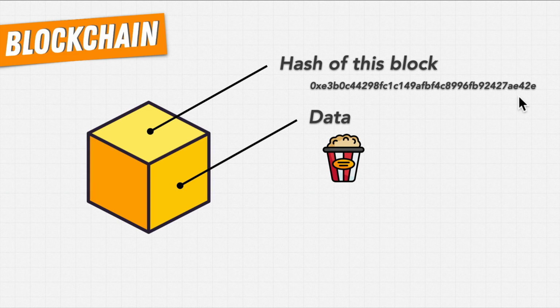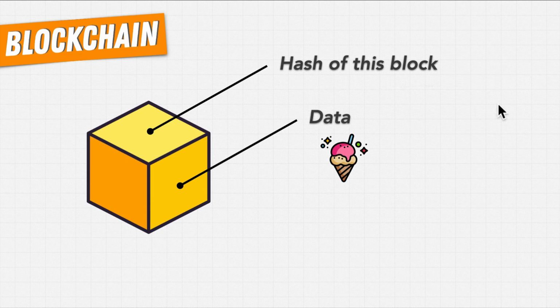Just like a person's fingerprint is unique only to them, a hash is unique for every possible block. If we change the data to, say, ice cream, the hash of our block will change as well. Because of this feature, hashes are a very useful tool for detecting if something has changed.